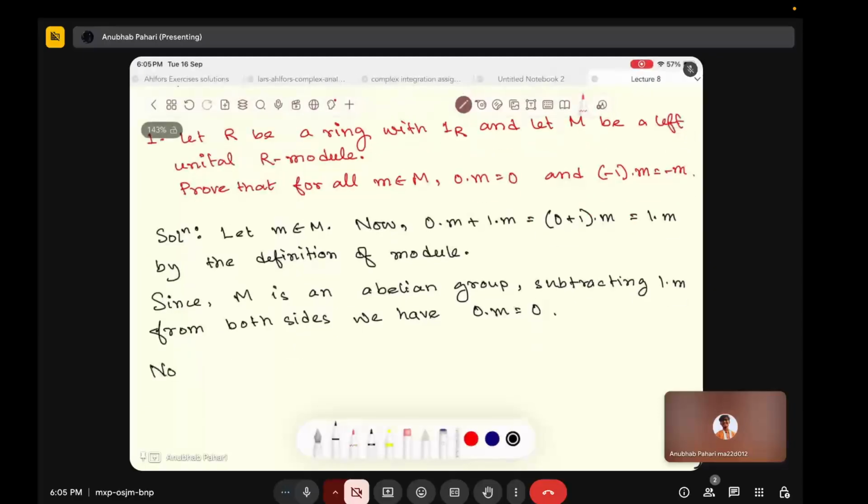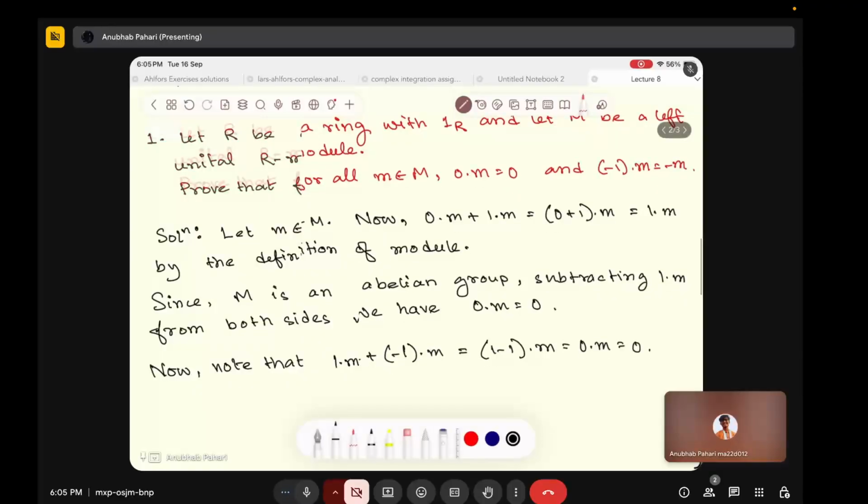Now note that 1 dot m plus minus 1 dot m equals 1 minus 1 dot m, which is 0 dot m, which is 0.